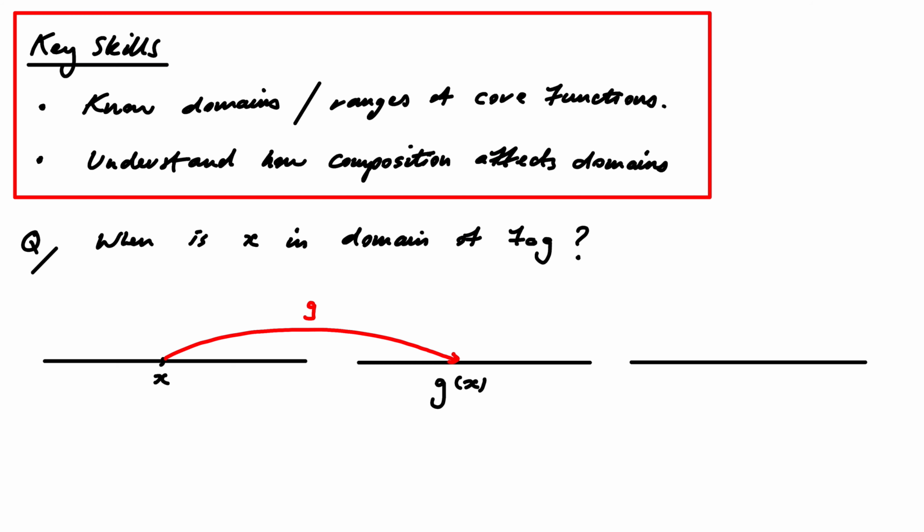And then what am I going to do? I'm going to apply f, of course. That's the meaning of the composite. So this would be g of x fed into f, and using our standard notation, this is f composed with g of x.